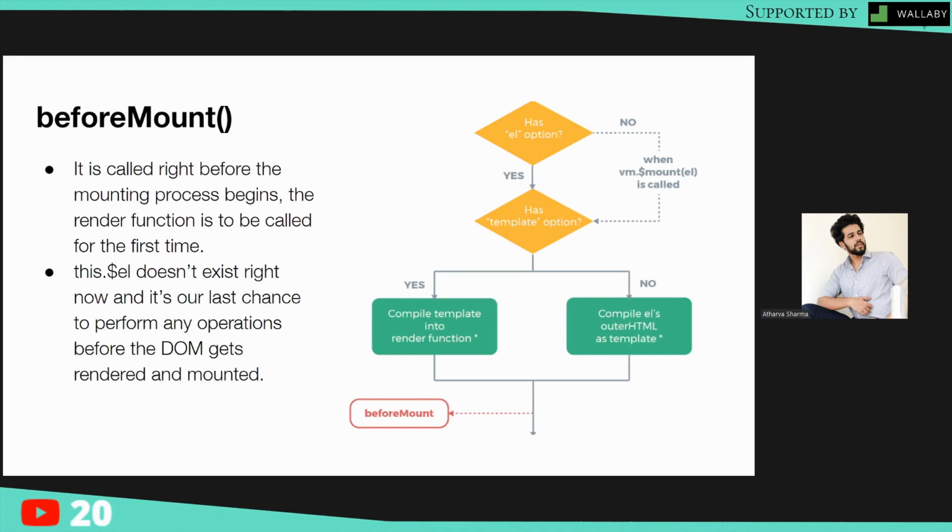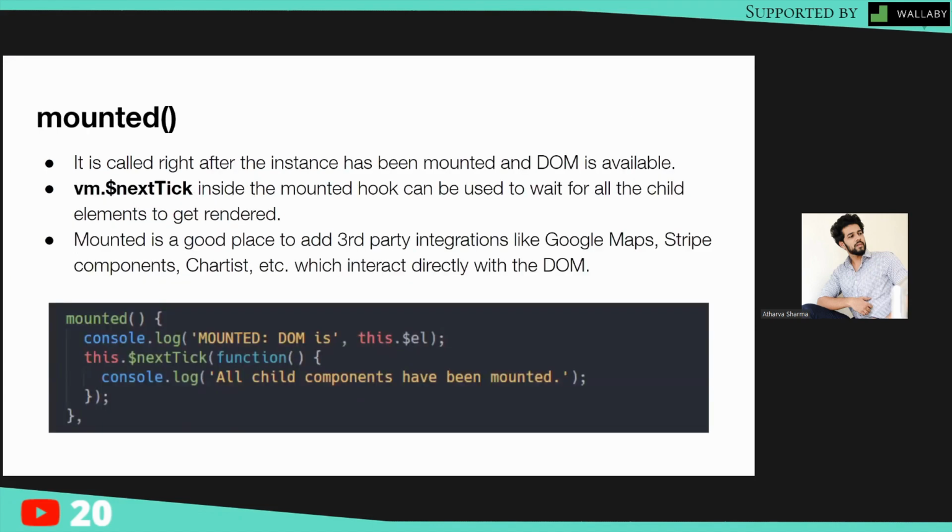Now, let's move on to the next hook, that is mounted. Right after the instance has been mounted and the DOM is available, the mounted hook is called. Since we have access to the DOM, we can now do any kind of manipulations there. The mounted hook, however, does not guarantee that all the child components have been rendered. There might be third-party components which may take some time to render.